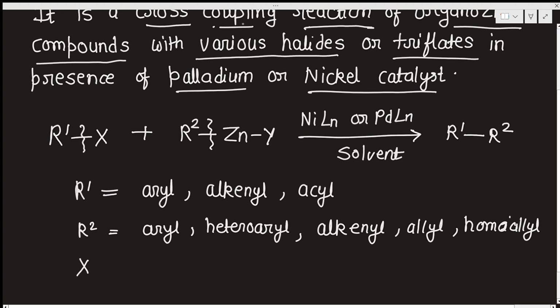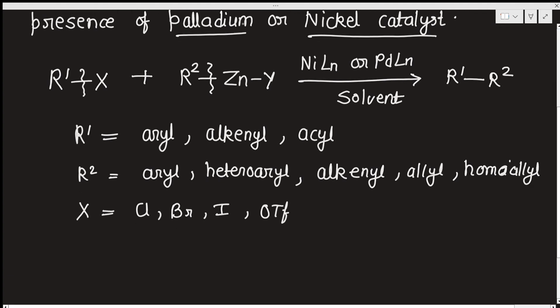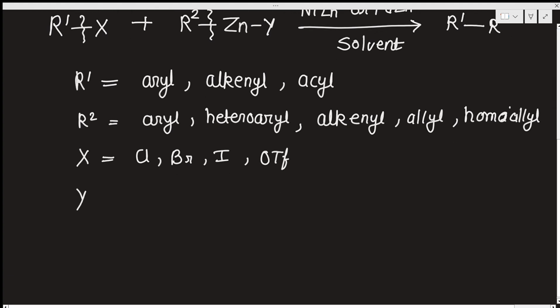Now X. X you know is any halogen, Cl, Br, I, or a leaving group like OTf, or Y. Y is also a halide. So Y can be Cl, Br, I. Any of these. Okay, and Ln means these are the ligands.